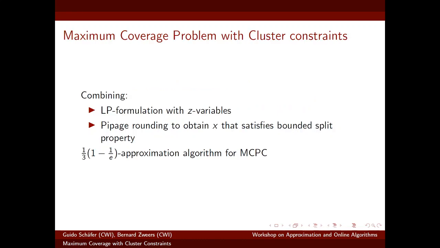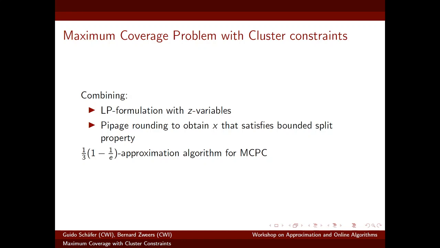Now we'll go to the maximum coverage problem with cluster constraints. So now, before we only had knapsack constraints, but now we can combine the idea we had for the multiple knapsack problem with cluster constraints with this maximum coverage problem with knapsack constraints.